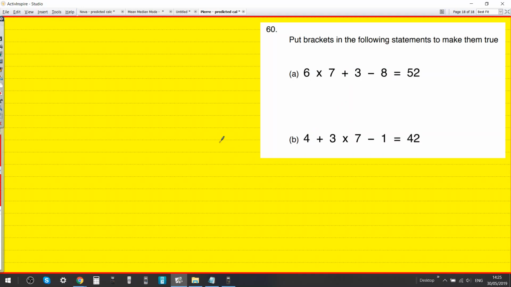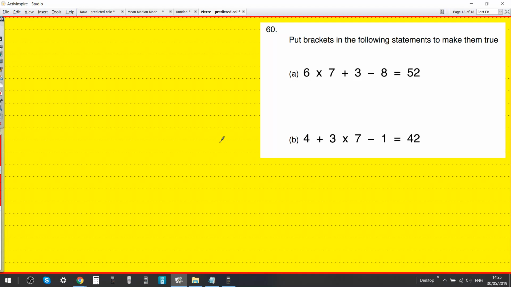Okay, so in that case, it would be 6, brackets, 7 plus 3 minus 8, close brackets. Oh my god, I got 12.